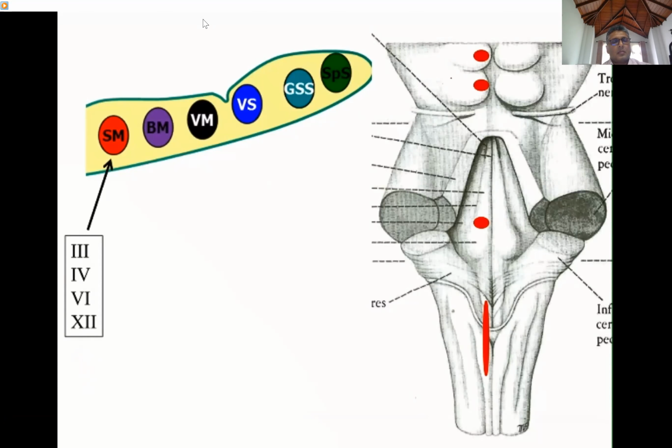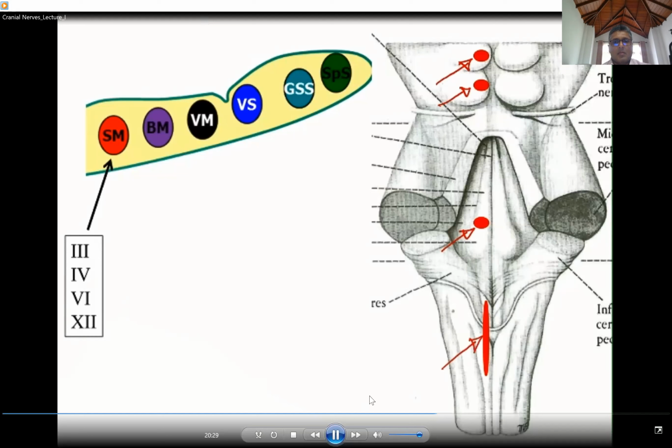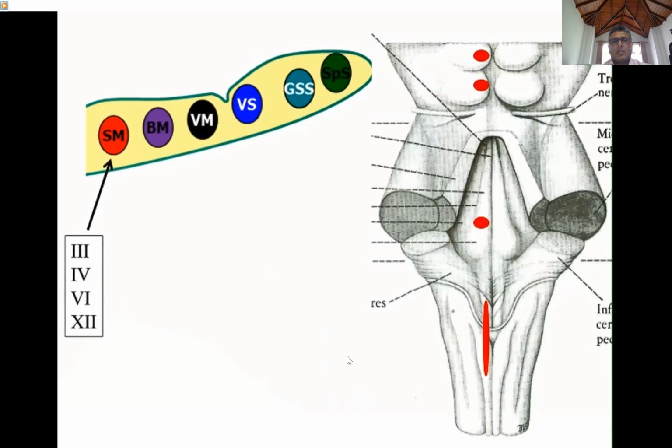You can see the distribution of their somatic motor nuclei. This is the oculomotor nucleus, this is the trochlear somatic motor nucleus, the abducent somatic motor nucleus, and the hypoglossal somatic motor nucleus. According to the general rule, you can see all of them are located very close to the center here.